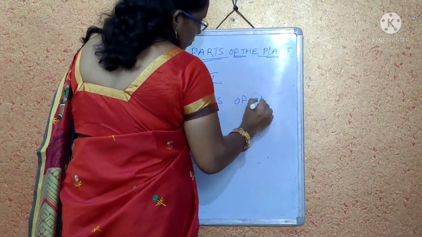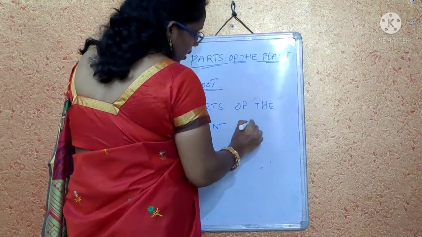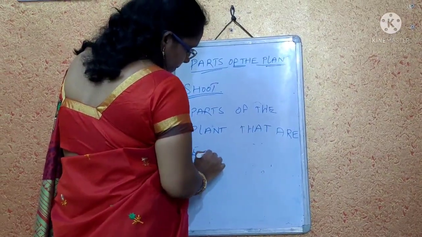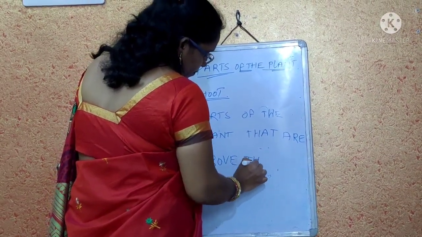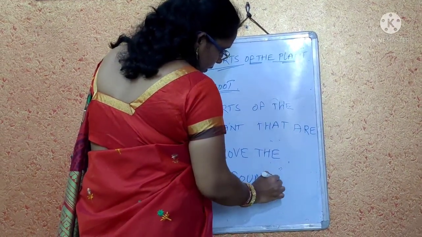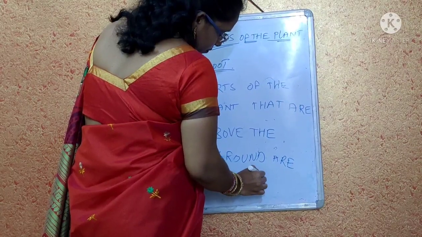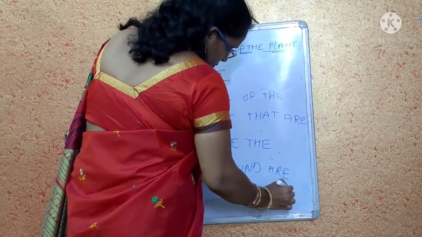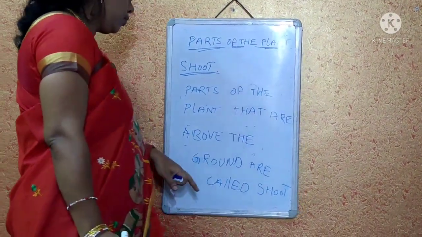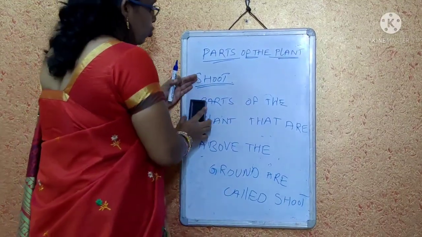Parts of the plant that are below the ground are called roots.